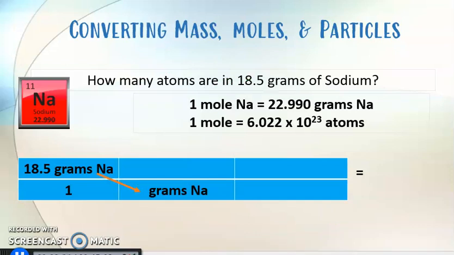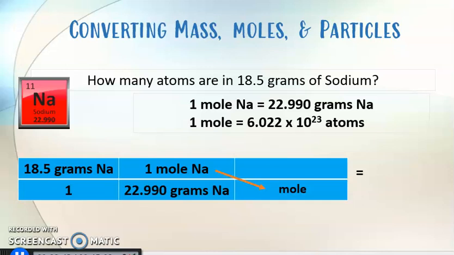So I'm going to look at the 2 conversion factors that I have above and find the one that has grams in it. I'm going to drag the grams down to the bottom, and the other half of the equivalent statement is going to go to the top of the fraction. Almost there. I know I'm not done because what's in the top of my last box isn't atoms yet. I need to keep going.